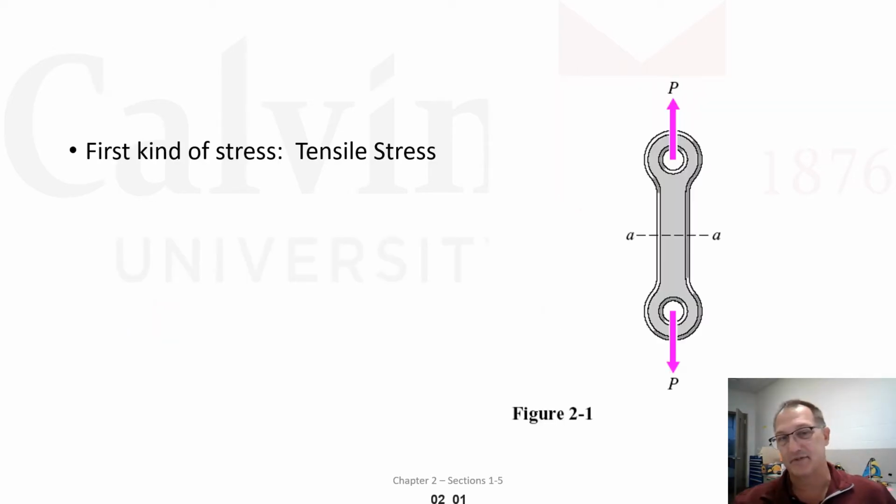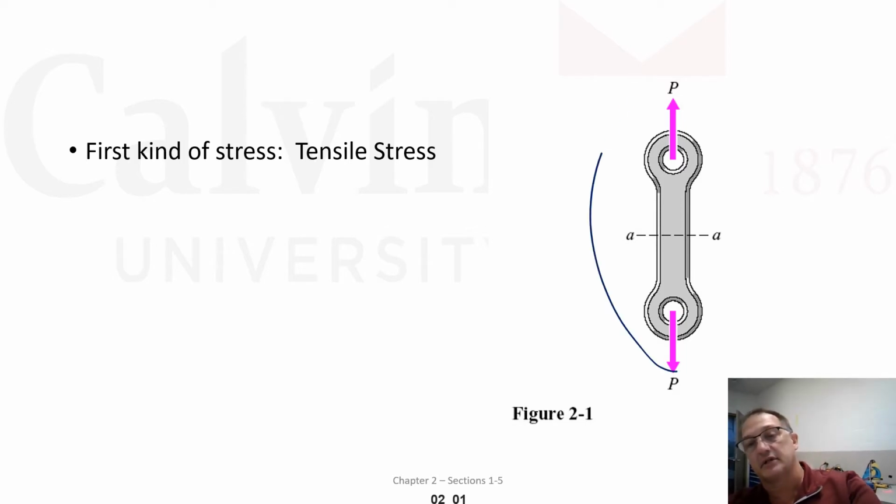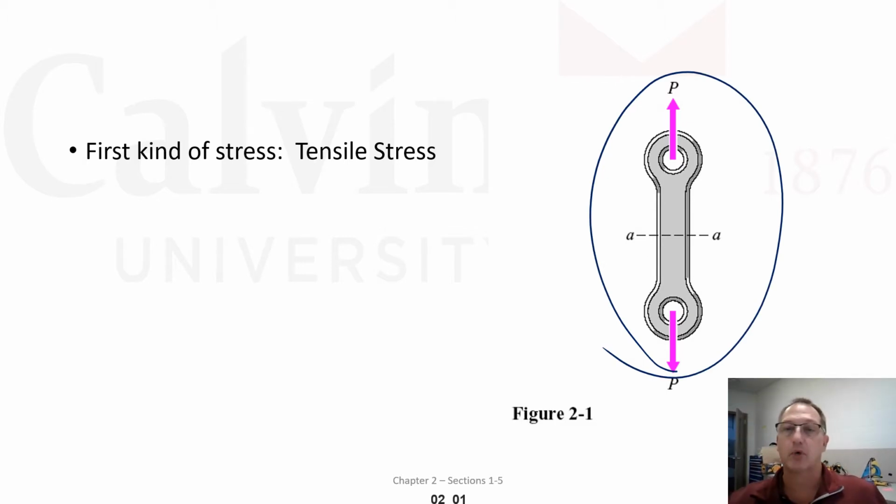So the first kind of stress we're going to talk about is tensile stress. That's where we take an object and a structure like this is called a dog bone. And we are going to pull on that dog bone to get it to have a tension that's showing up across that section AA.